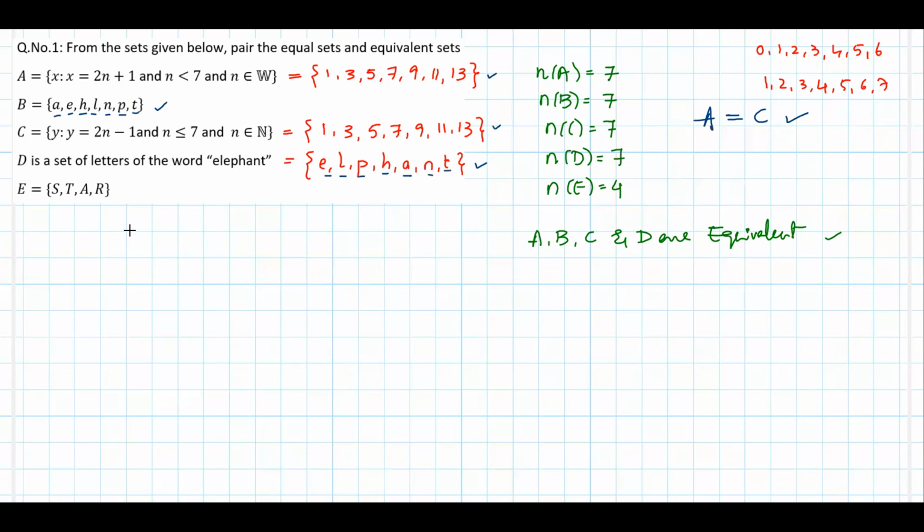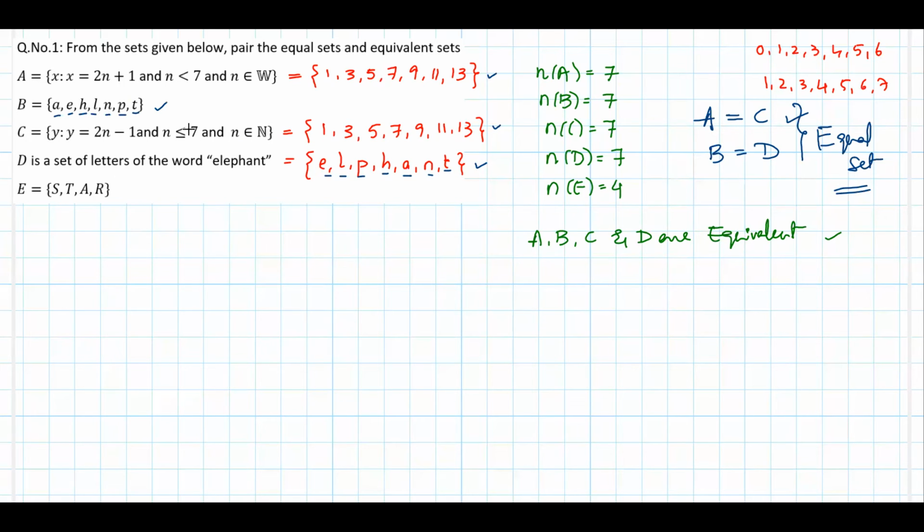Our focus is on having these elements, so the locations can be anything. It's not necessarily the same order. So we can consider B and D equal sets. Now, E is not equal to any of these and not equivalent to any of these. That's okay. So these two are the equal set pairs.